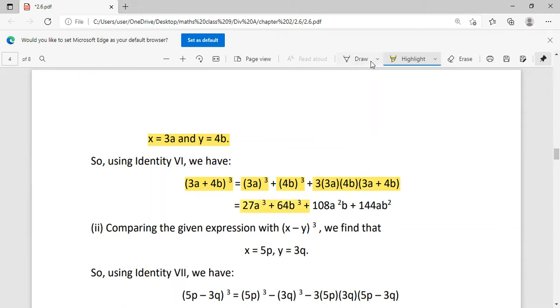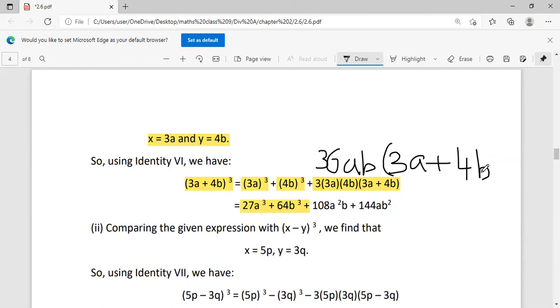And again, we are multiplying it. We are opening the brackets. Just 3 into 3a, that is 9a. 9a into 4b, that is 36ab. 36ab into 3a plus 4b.